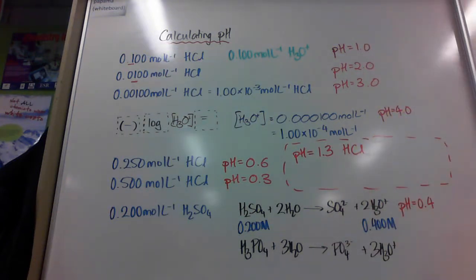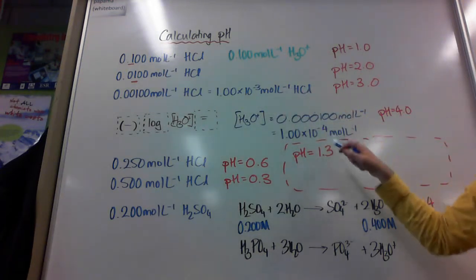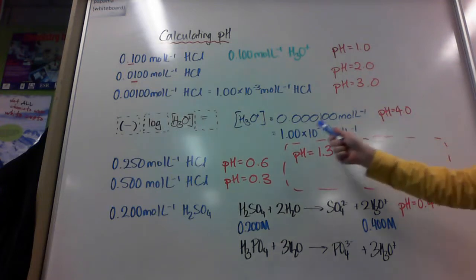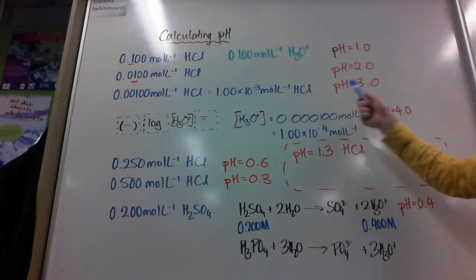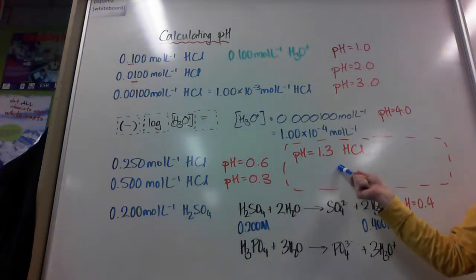Now this is where it's good to know what a log is. It's also good to sort of click what's the relationship between scientific notation and pH. Okay, so this means, if pH of 4 is 1 times 10 to the negative 4, and 3 is 1 times 10 to the negative 3, then this is 1 times 10 to the negative 1.3.